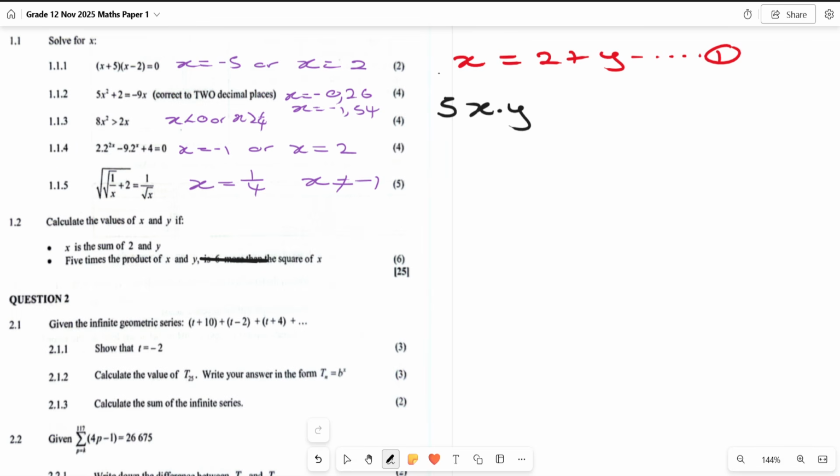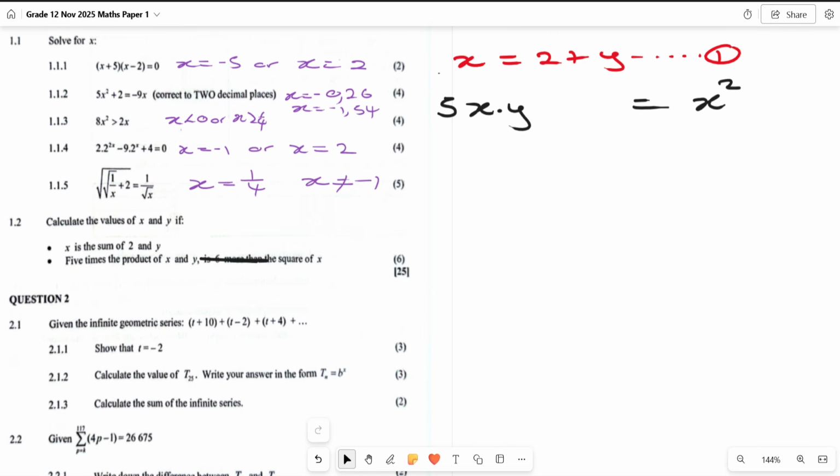Now they're saying that 5 times the product of x and y is the square of x. So you can just say is equal to the square of x. You leave it like that.